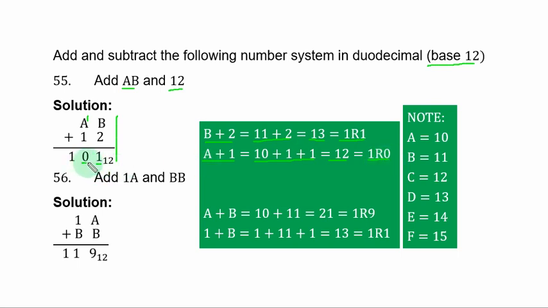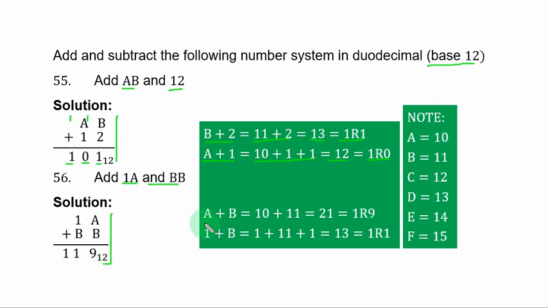You put down the remainder 0, you take the 1 forward, which you bring down in this form, and you have 101 base 12. Example 56. Add 1A and BB. You arrange in this form and you add.